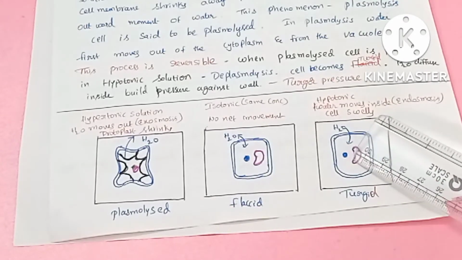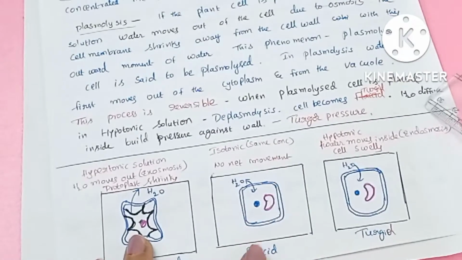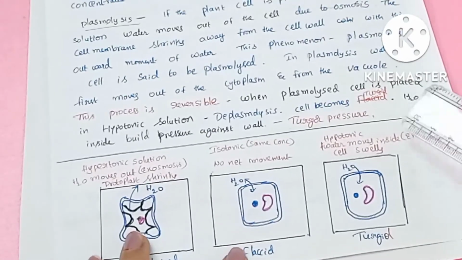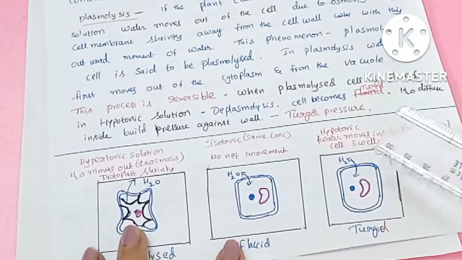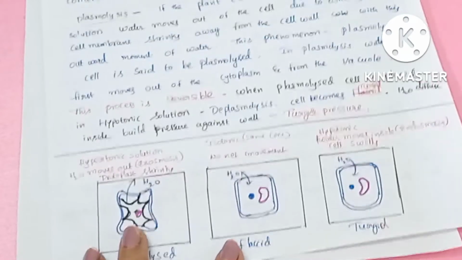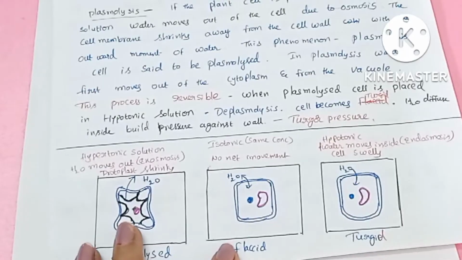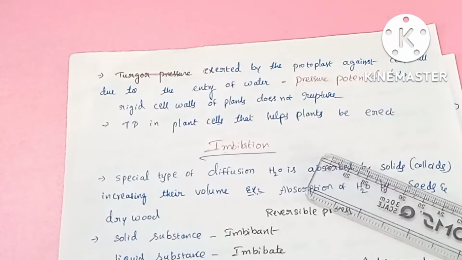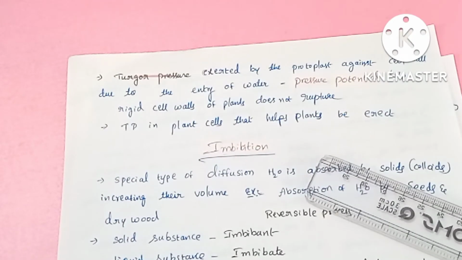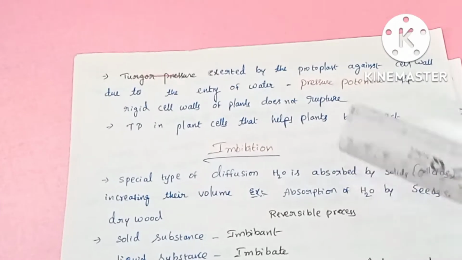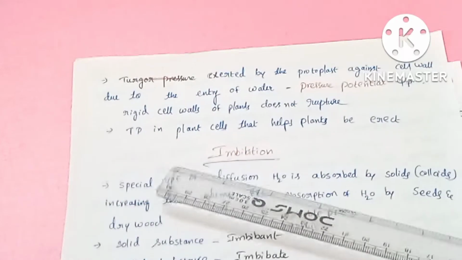That means it swells. When water diffuses into the cell, it builds some pressure against the wall. That pressure is called turgor pressure. Turgor pressure is exerted by the protoplast against the cell wall due to the entry of water. That pressure is called pressure potential, denoted by psi p.